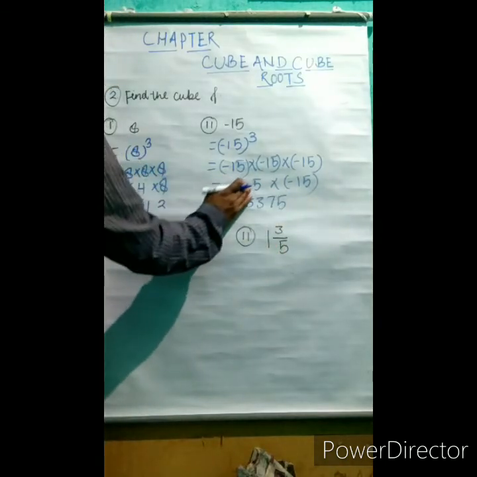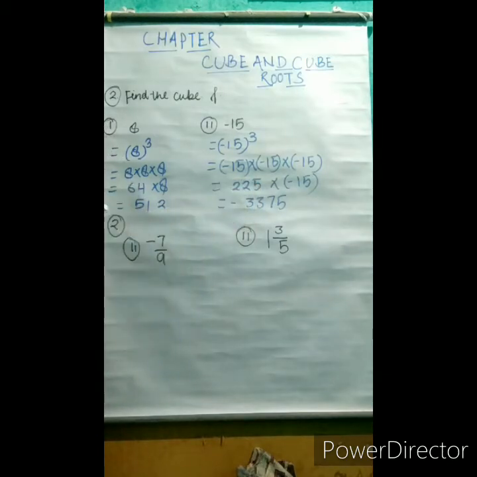Sorry, I think it will come 3375, because minus multiplied by plus will give you negative.